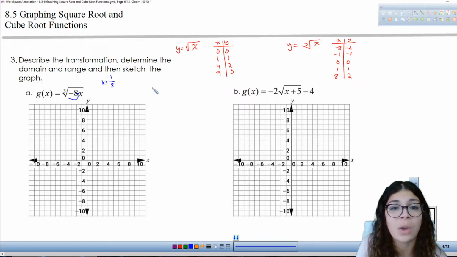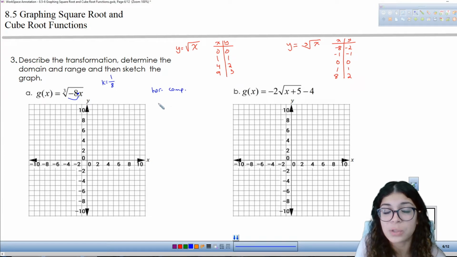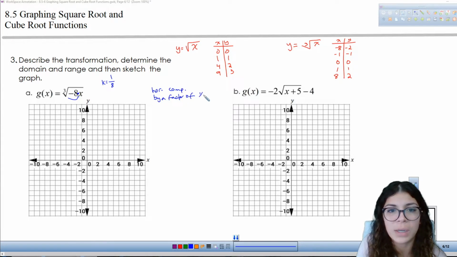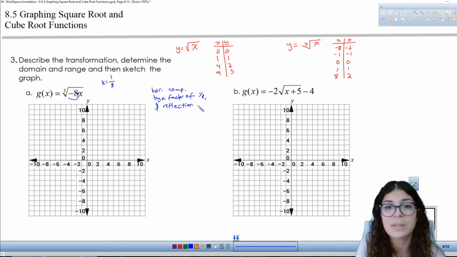So this is a horizontal compression, since the factor is 1/8, which is smaller than 1, by a factor of 1/8. And we have a reflection, and we change the sign of the x. So this is a reflection over the y-axis.